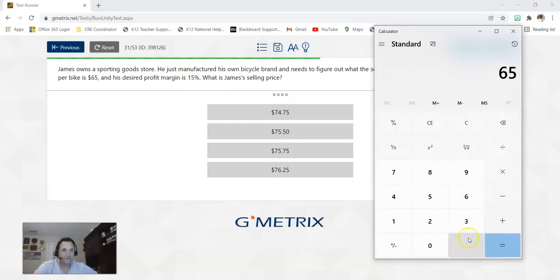We have $65 is what it costs to make the bike. He wants a 15% profit margin, so we're going to multiply by 0.15, which is 15%, and that gives us $9.75 profit per bike. Well, we add the $9.75 profit to the $65 cost, and that means he must sell the bicycles for $74.75.